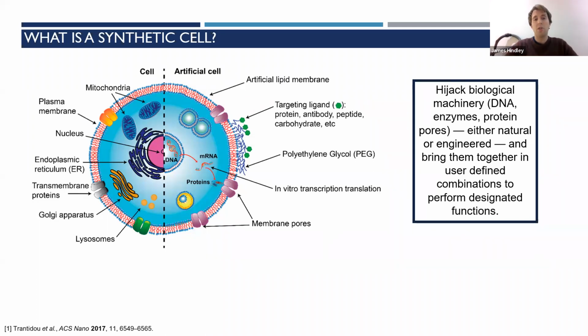For example, an artificial membrane to represent the biological membrane, in vitro transcription-translation to allow us to generate proteins, and pores to allow connectivity. Ultimately, how do we take natural and engineered components and bring them together in defined ways so they can perform interesting and useful functions?